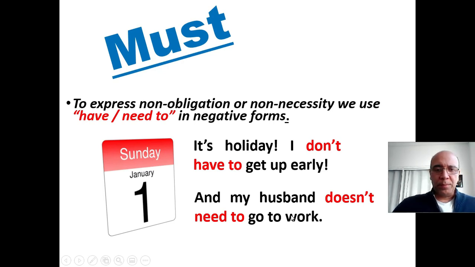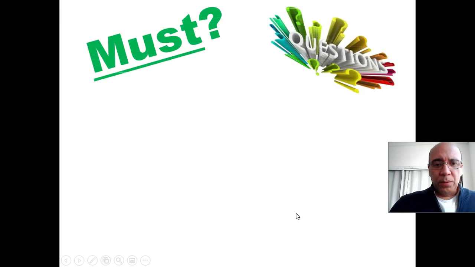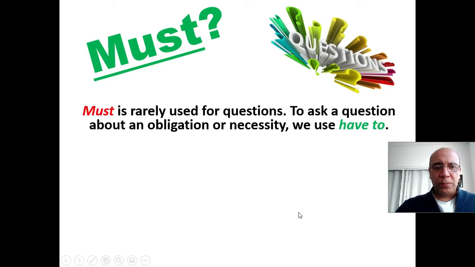Okay, right? So, how about the question, the interrogative form? Must is rarely used for questions. To ask a question about an obligation or necessity, we use have to. The same verb we used before in the negative form, remember? Also need to is possible.